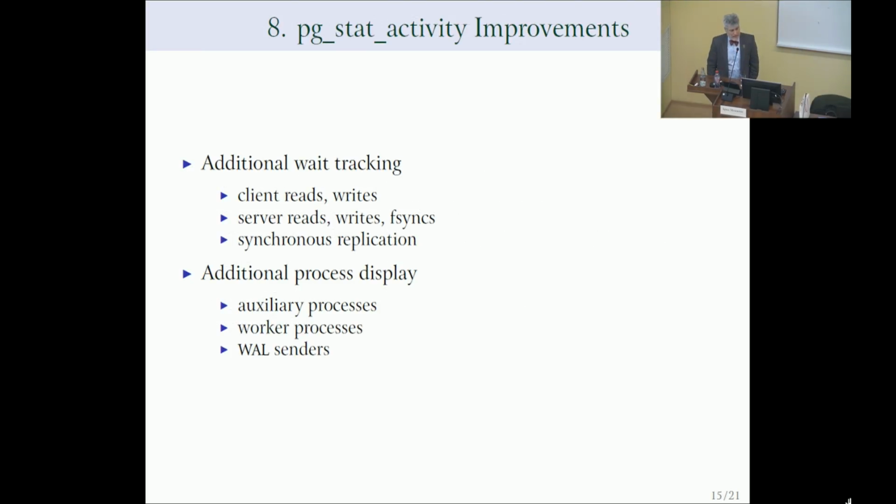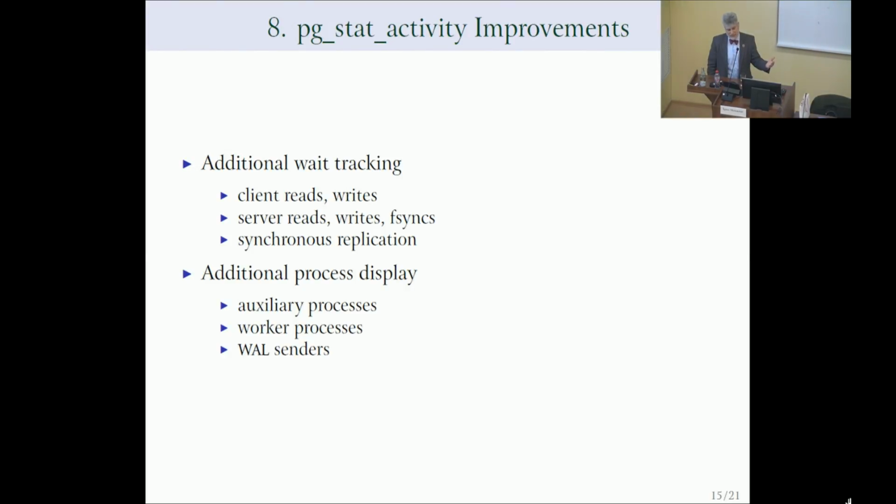Number 8, this is a feature that we originally added in Postgres 9.6, which was the previous release. It's something called wait events. Wait events allow you to see what Postgres is doing internally. If it's waiting on something, we have a system view called pg_stat_activity, and pg_stat_activity will show you what is being waited on.